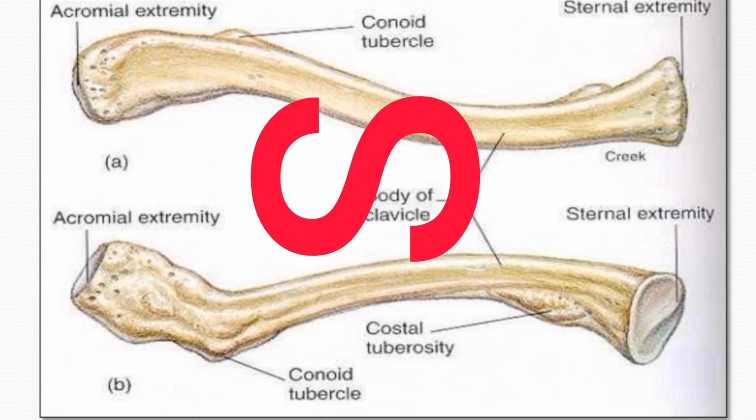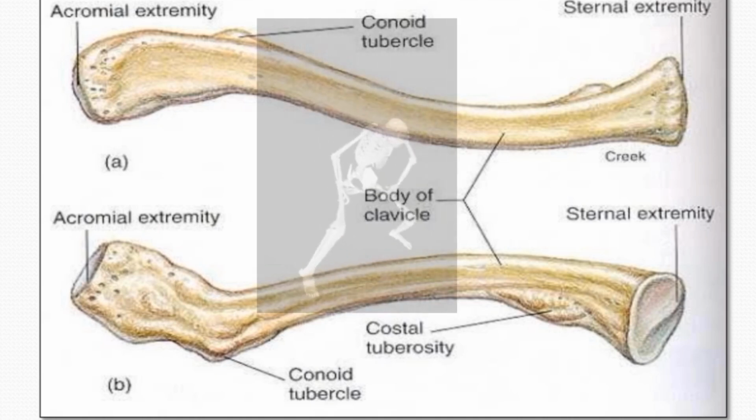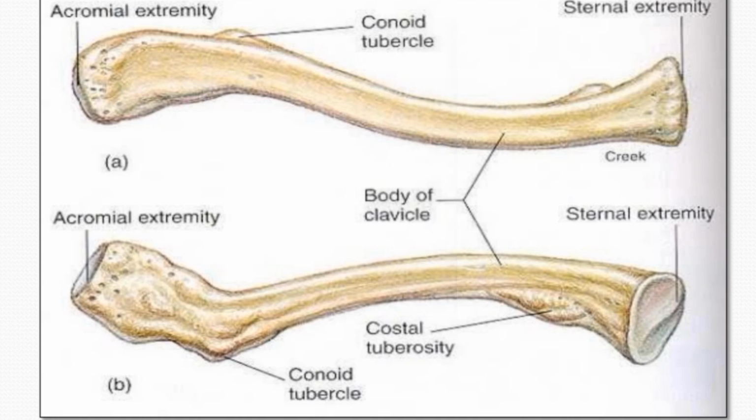But the easier way is to say it is an S-shaped bone, which articulates with the sternum medially and with the scapula laterally. So I've talked about the shape, the location, and the nature of the bone, its roughness and smoothness.